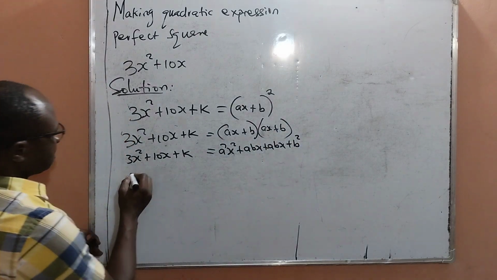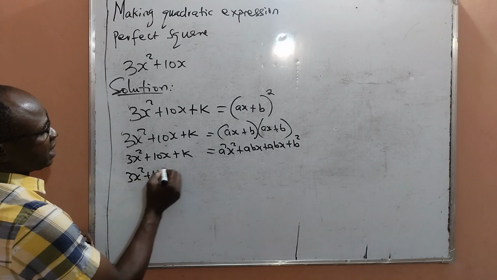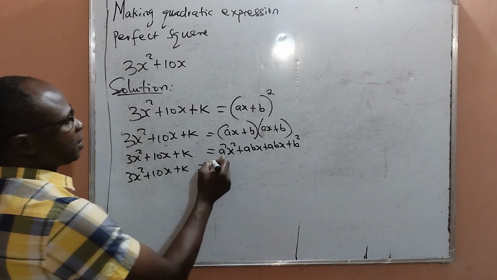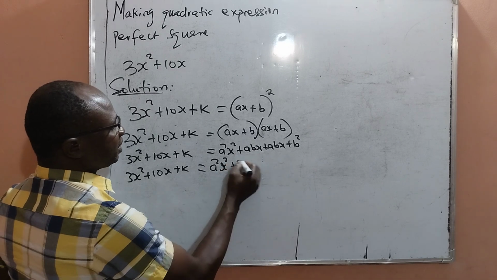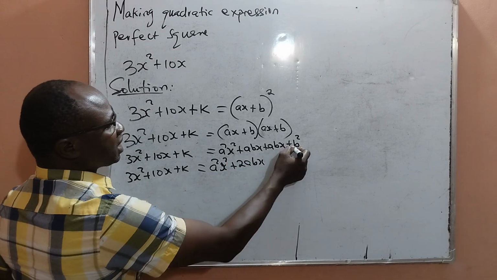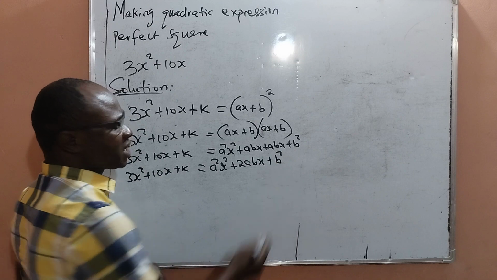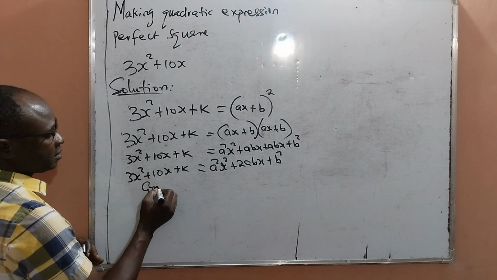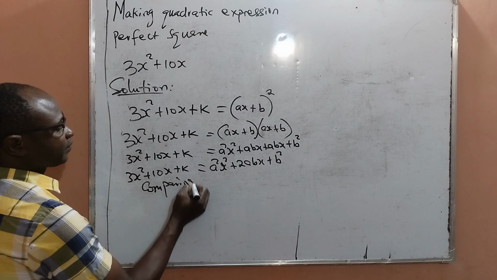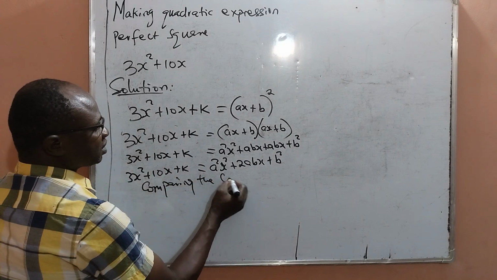Now, 3x squared plus 10x plus k should be equal to a squared x squared, and this plus this gives 2abx, then plus b squared. At this point, I can now compare the coefficients.